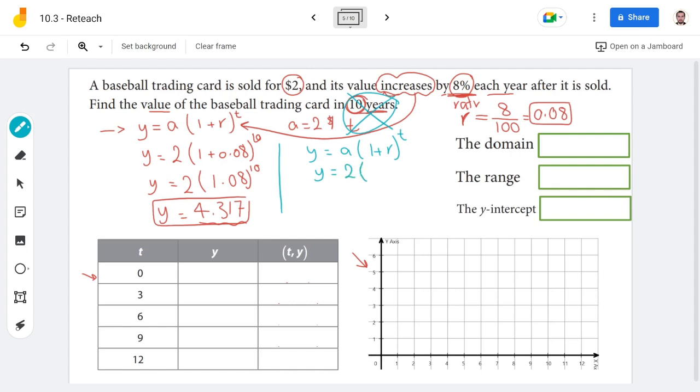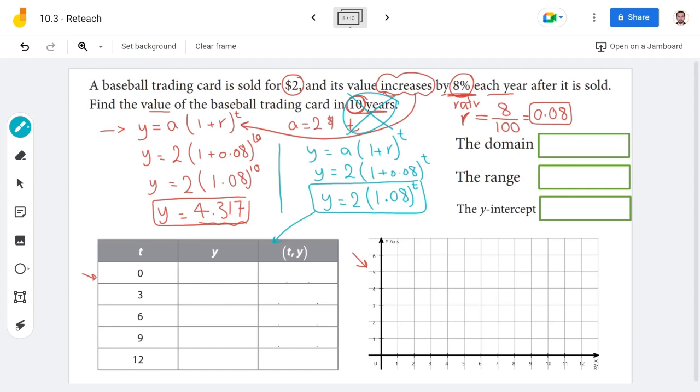So this one is 2(1 plus 0.08) to the power of t. So the function will be y is equal to 2 times 1.08 to the power of t. Now this one is the function that I'm going to use to fill out my table. So t represents an exponential function.